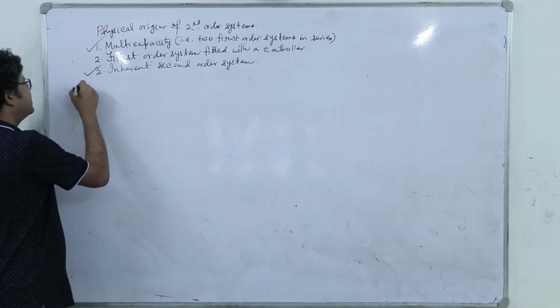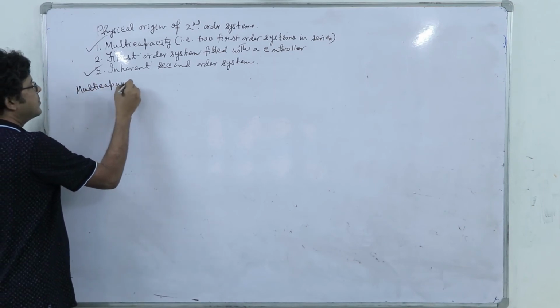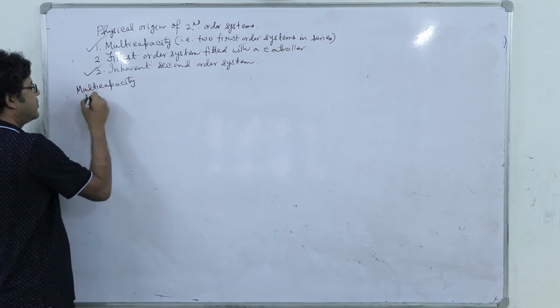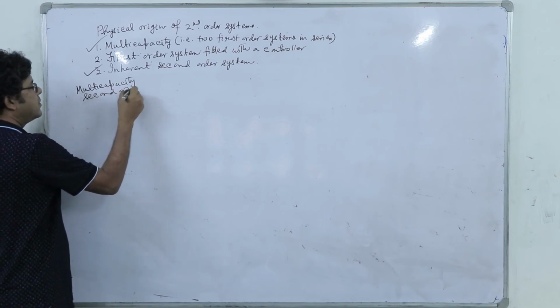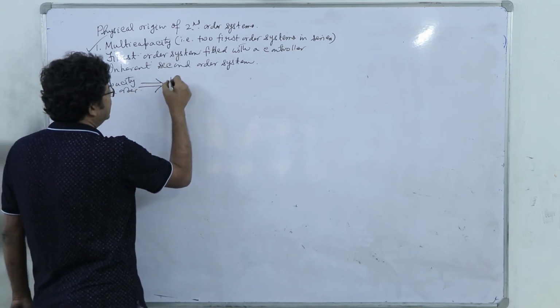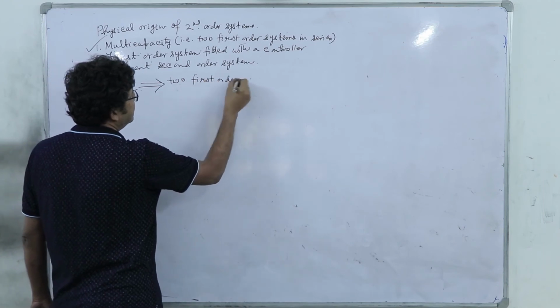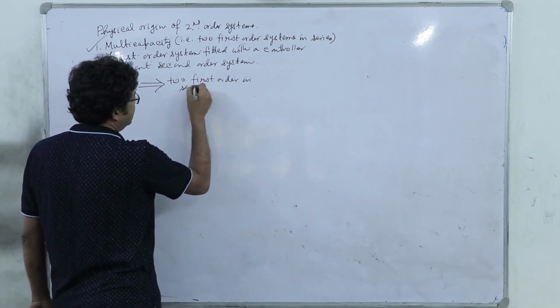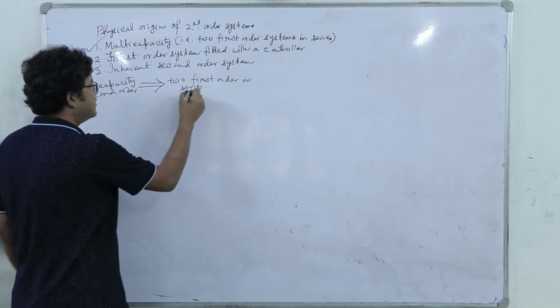Now, multi-capacity. Multi-capacity second order. That is, as we have noted here, it is 2 first order systems in series. Now, this combination may be in 2 different ways, right.